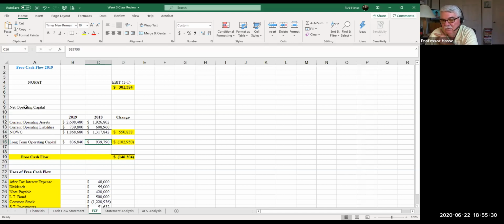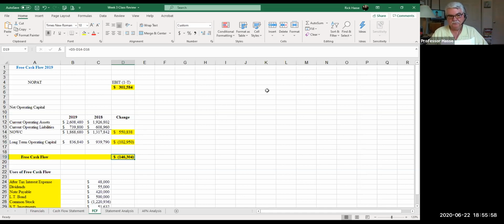So the formula for free cash flow is net operating profits after taxes minus delta working capital and minus long-term operating capital. In the case of this period, we had a positive cash flow from working capital. So this minus this plus this gives us our operating free cash flow.